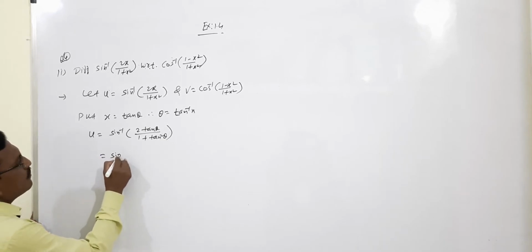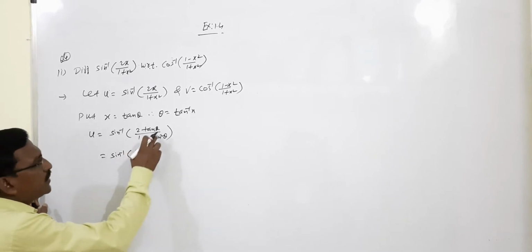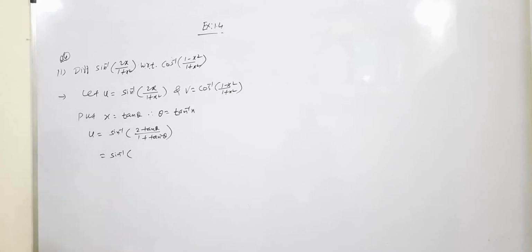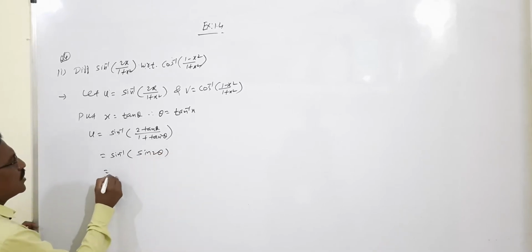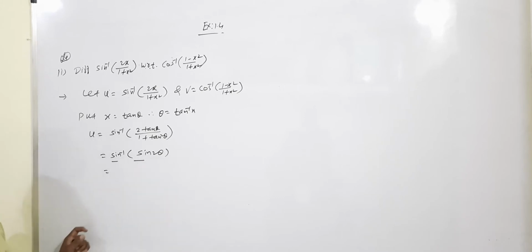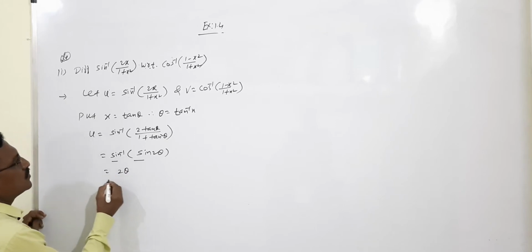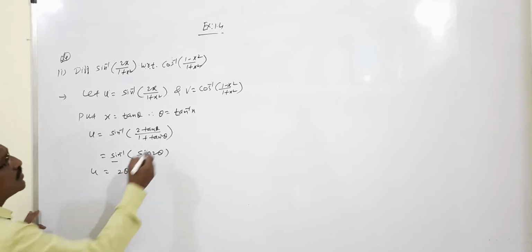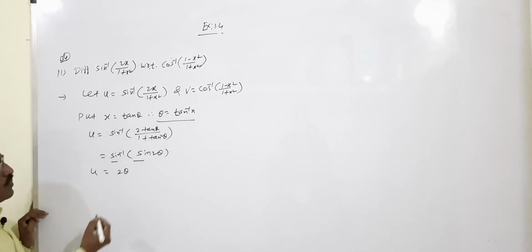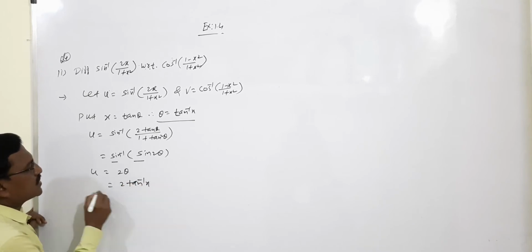By using the double angle formula of tan, 2 tan theta upon 1 plus tan square theta is the formula for sine 2 theta. Therefore again we use the property: sine inverse of sine theta is theta, which means here it is 2 theta. But theta is tan inverse of x, so it is equal to 2 into tan inverse of x.